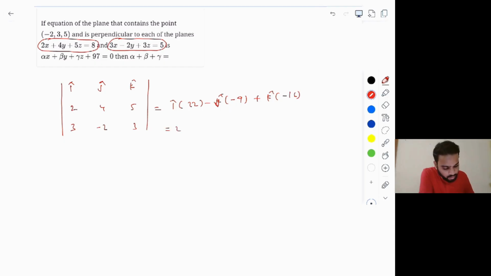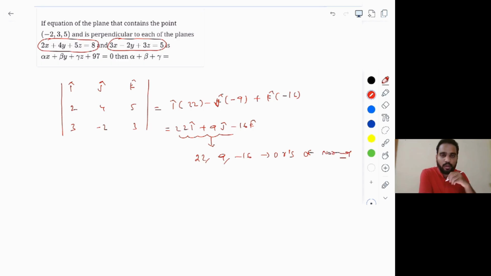And finally, what we get is 22 i cap plus 9 j cap minus 16 k cap. So, as I told, the coefficients of ijk here are nothing but the DRs of the normal, 22 comma 9 comma minus 16. So these are your DRs of the normal.